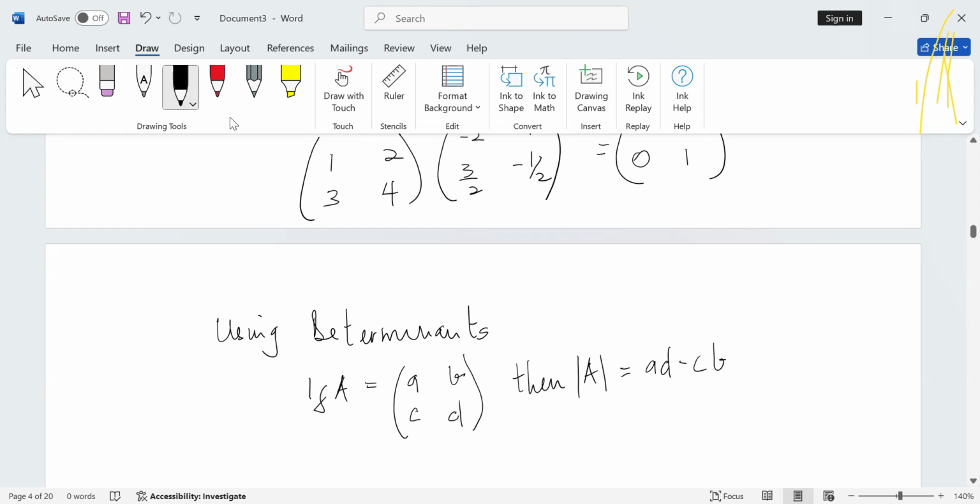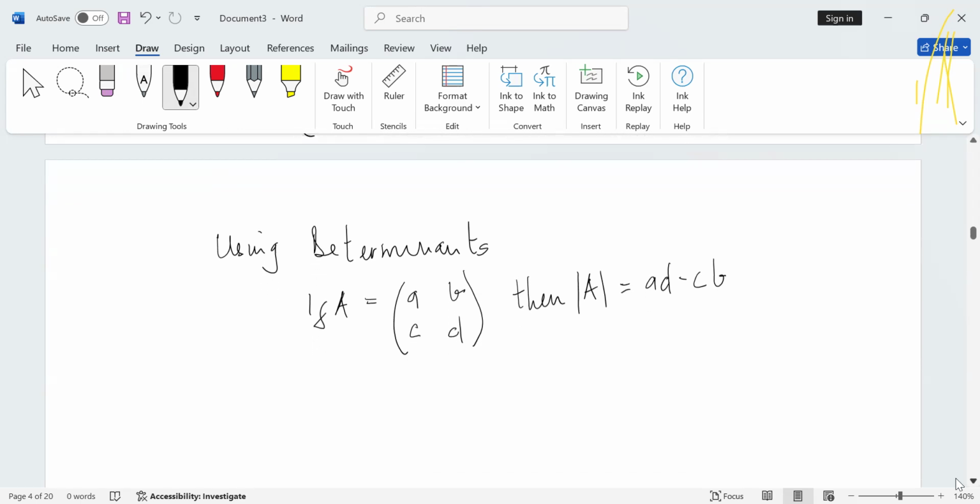So the inverse of this matrix is just given by 1 over the bracket. You exchange these leading diagonals, then you multiply the second diagonal by negatives.